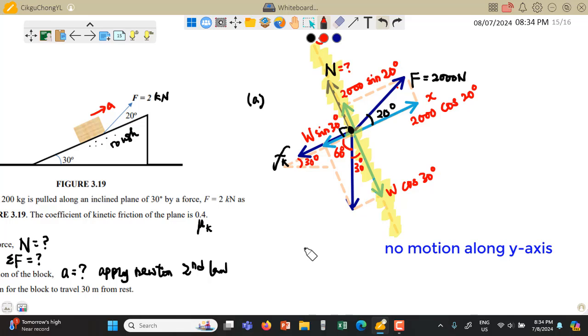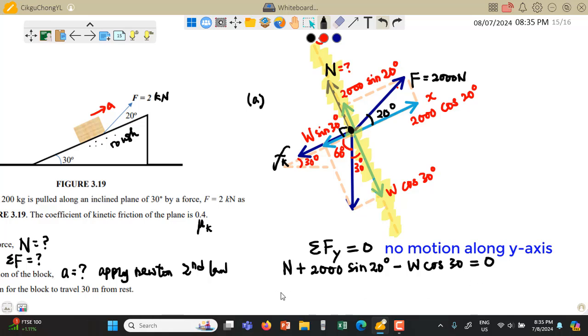So the summation of forces along the y-axis equals 0. We have N plus 2000 sin 20, then W cos 30 downward, so we minus W cos 30, and this equals 0.